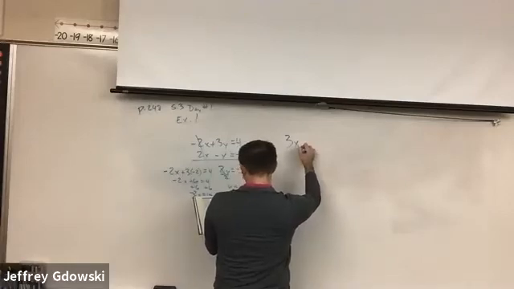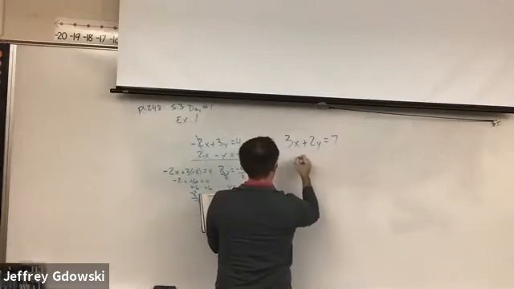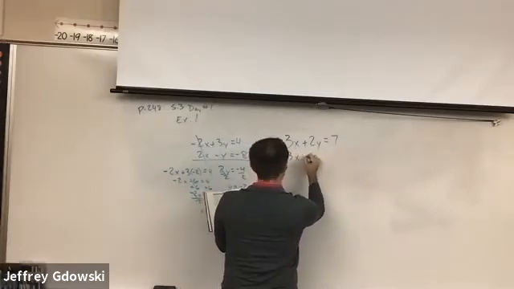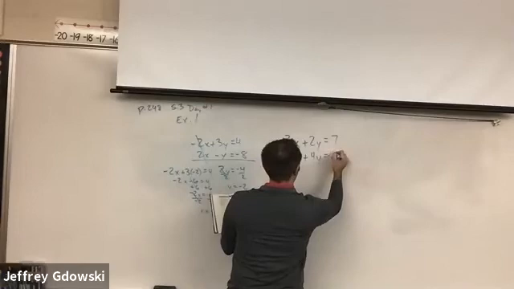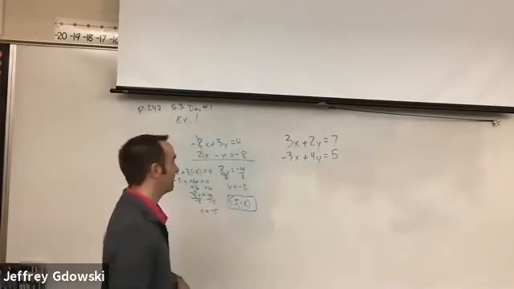Here it is. 3x plus 2y is equal to 7. Negative 3x plus 4y is equal to 5. I would like you to go ahead and solve that.